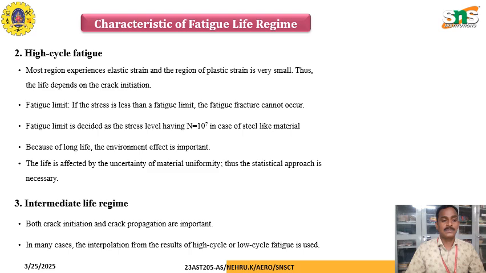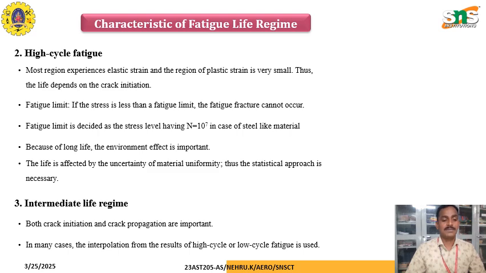The second one is high cycle fatigue. Most of the region experiences elastic strain, and the region of plastic strain is very small. The life depends on crack initiation. Fatigue limit: if the stress is less than the fatigue limit, fatigue fracture cannot occur. The fatigue limit is decided as the stress level having 10 to the power of 7 cycles in the case of steel-like material. Because of the long life, environmental effects are important.